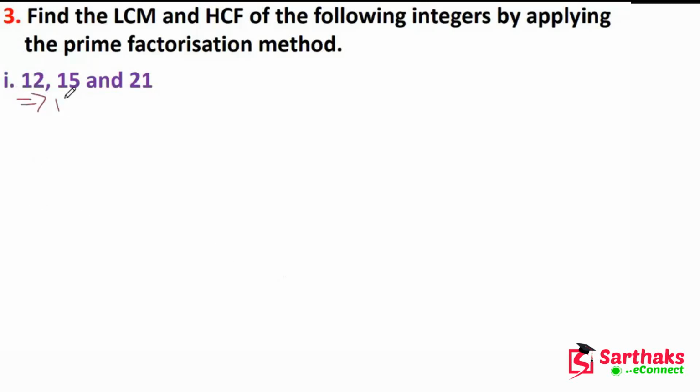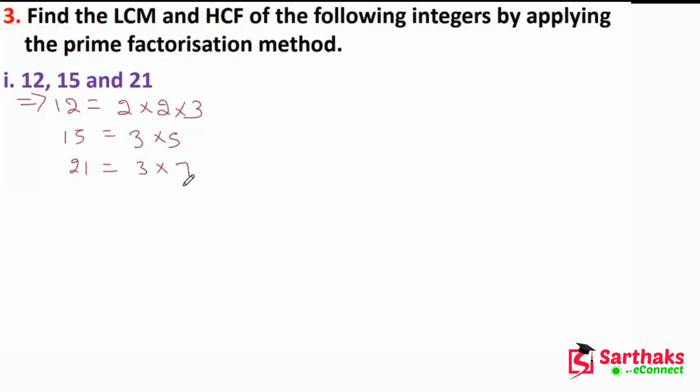The factors of 12 are 2 into 2 into 3, and the factors of 15 are 3 into 5. The factors of 21 are 3 into 7.